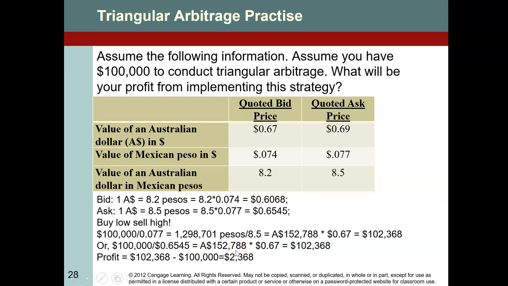Okay, and then we sell these Australian dollars at the higher bid rate, multiplying by 0.67. So we have 102,368. Okay, so either way works. You can multiply these two one by one, or you can multiply them to get an ask rate first, and divide by this new ask rate.